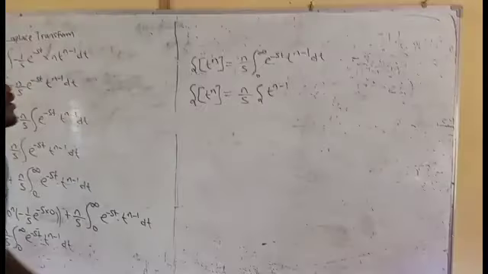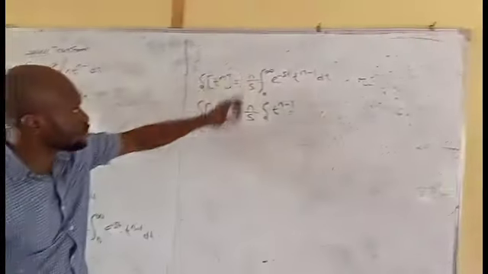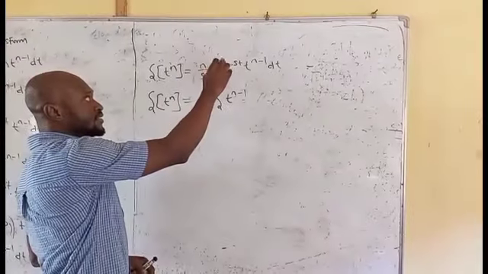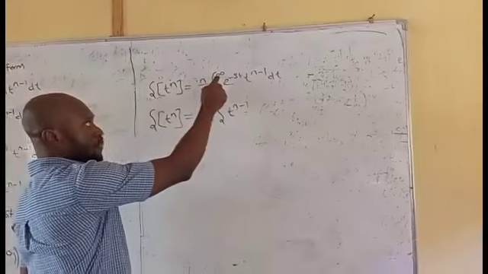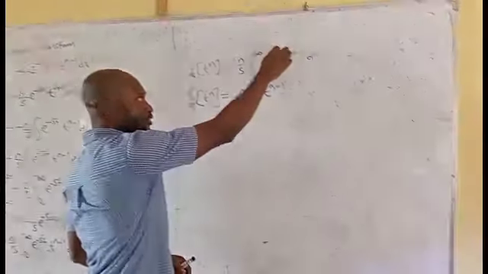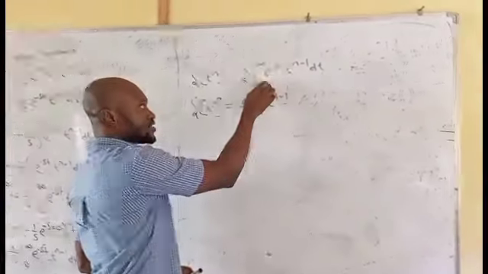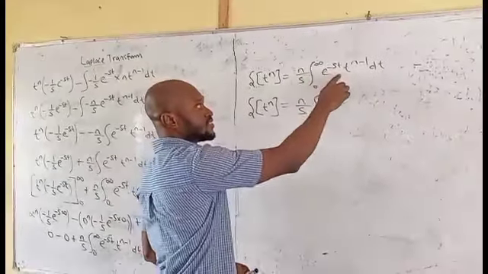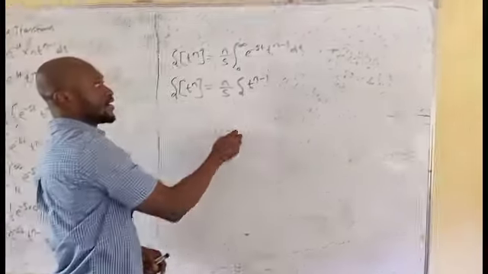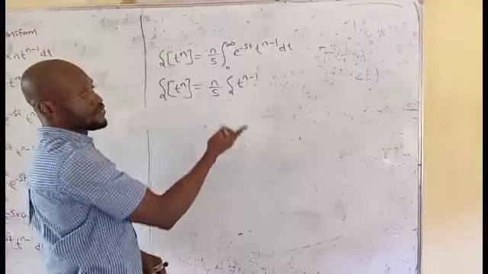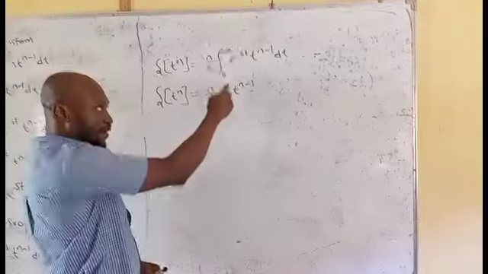So now you can write it this way, with the integral sign from 0 to infinity and e raised to the power of minus st dt. This integration sign represents the integral form, which is the Laplace form.